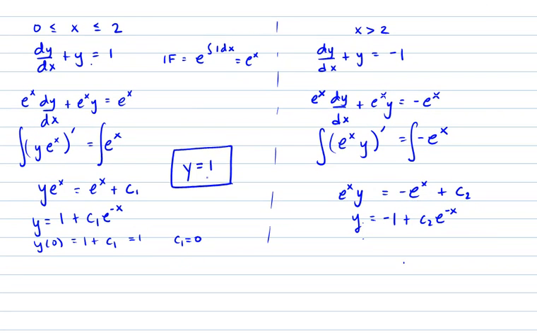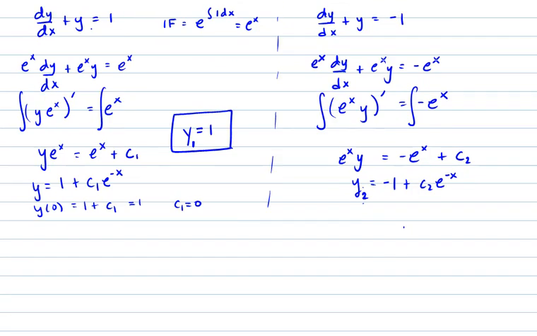So y of 2, in this case, let's call this y1, let's call this y2. y1 at 2, well, it's 1 because it's a constant function. y2 at 2 is negative 1 plus c2 e to the minus 2.